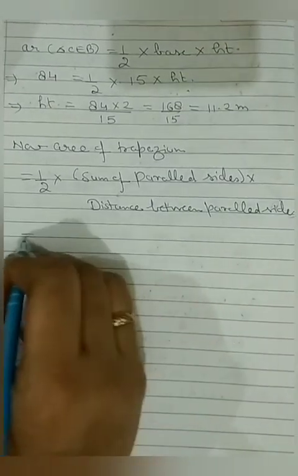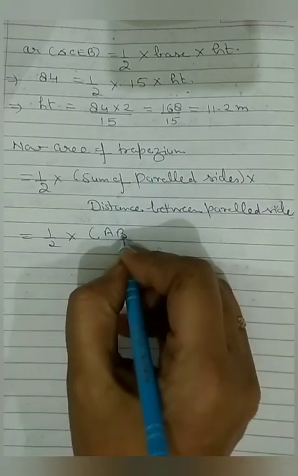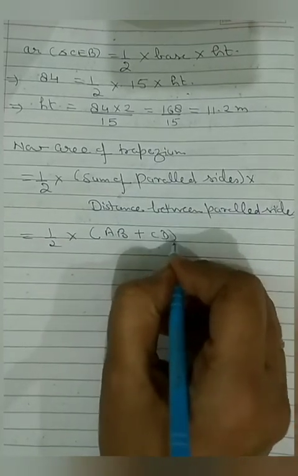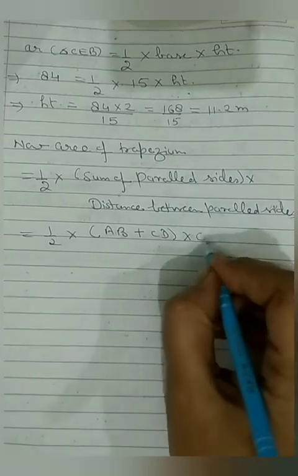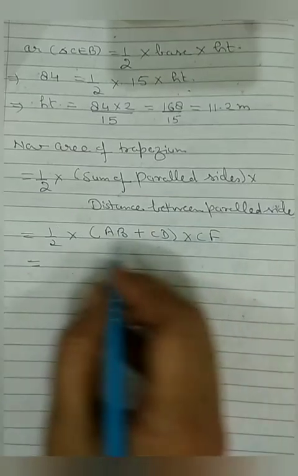Here we can see the parallel sides are, if you observe the figure, AB and CD, and the distance between the two parallel sides is equal to CF.